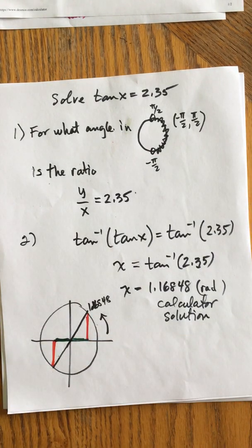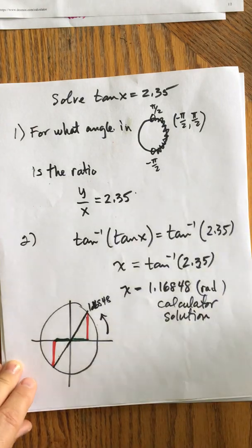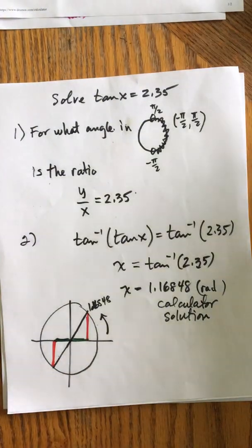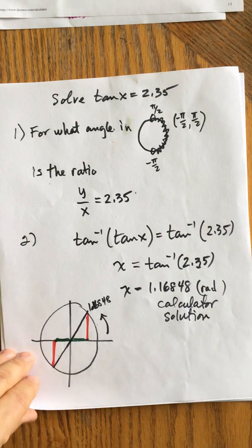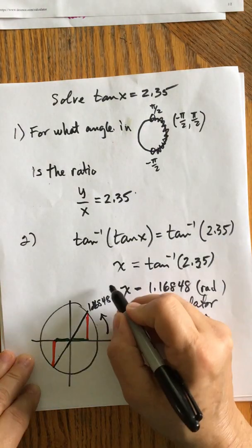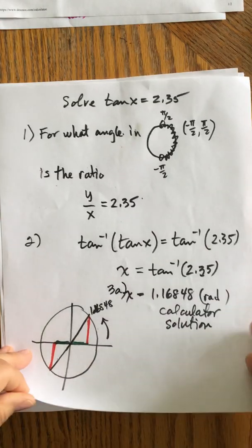The only difference is you have both x and y movements being negative, so their ratio ends up being positive. So that's just pi away. There's a couple ways you could solve this. So we found this right here, the calculator solution. This is 3a, and then let's look at here.